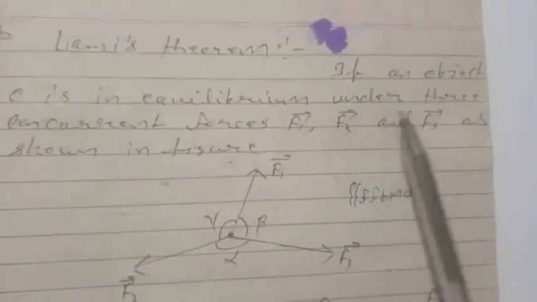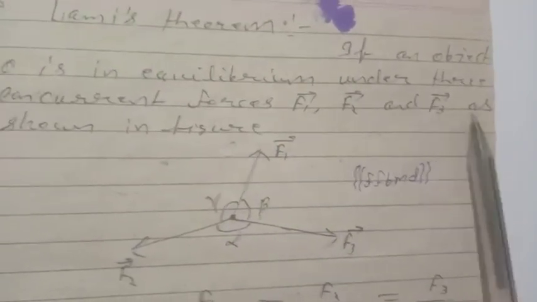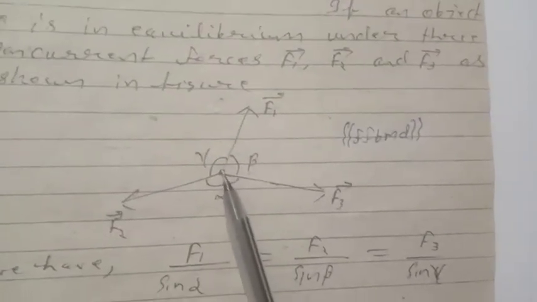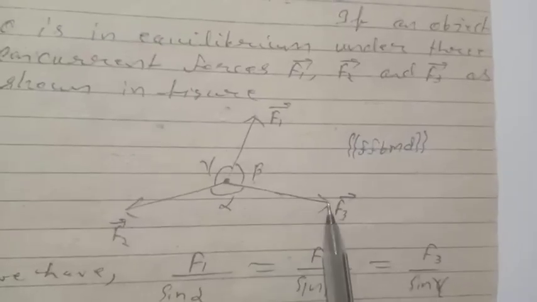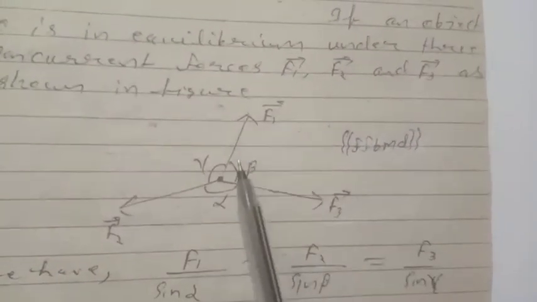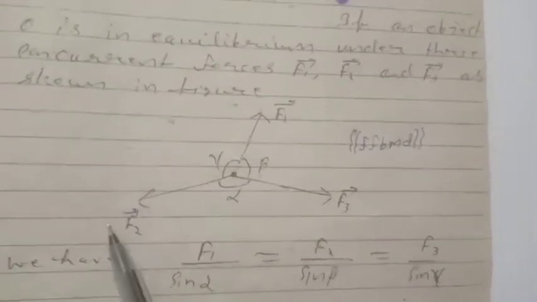Now next one we talk about Lami's theorem. If an object O is in equilibrium under three concurrent forces F1 vector, F2 vector and F3 vector as shown in the figure, that is, object O is at this place and it is in equilibrium, and there are three forces acting on this body, F1, F2 and F3.